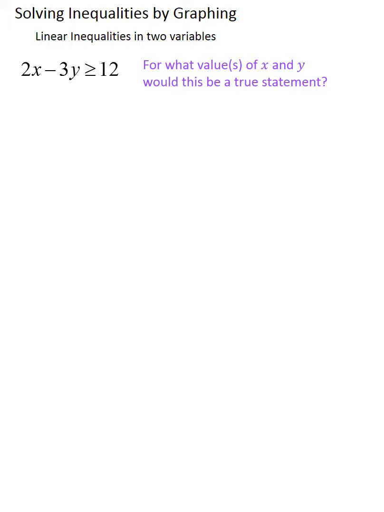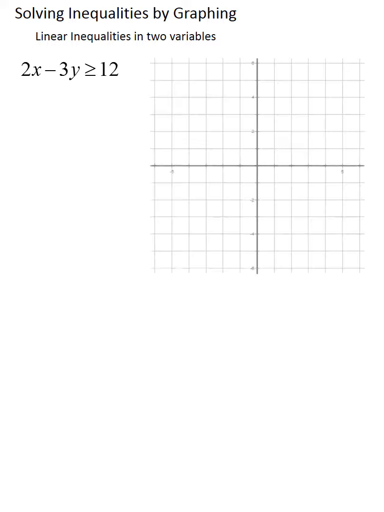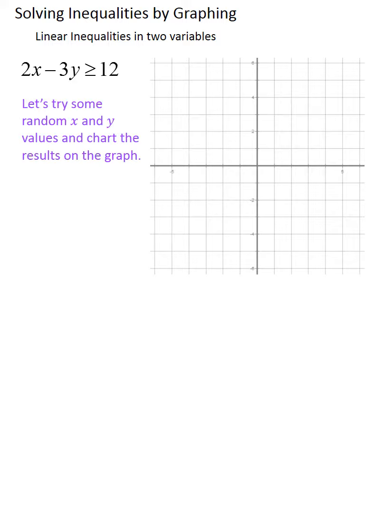And what this seems to indicate is that we might be best served by looking at where on a graph we can find ordered pairs of x, y that make it true, and where we can find ordered pairs of x and y that make the inequality false. So let's pick some random points here. And we'll chart the true and false results on the graph.